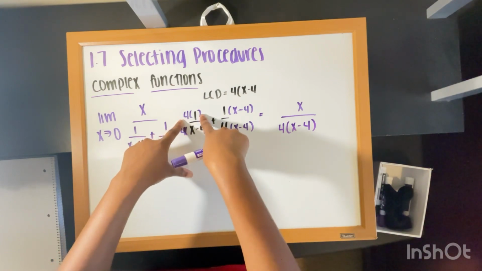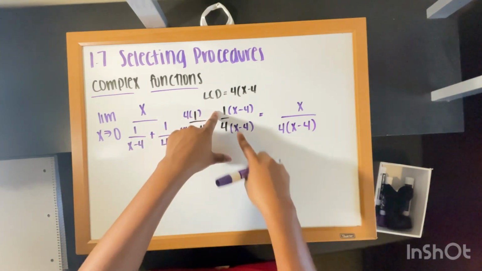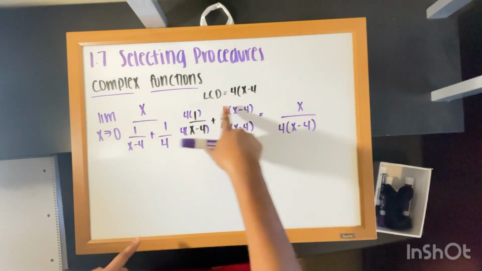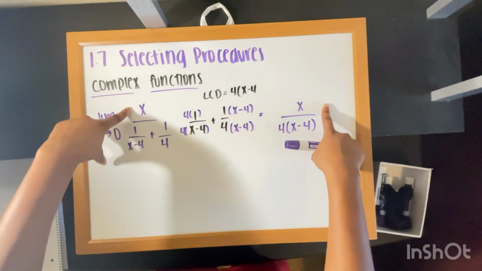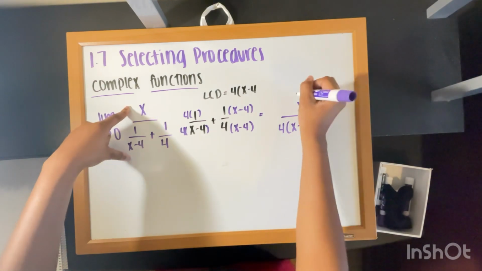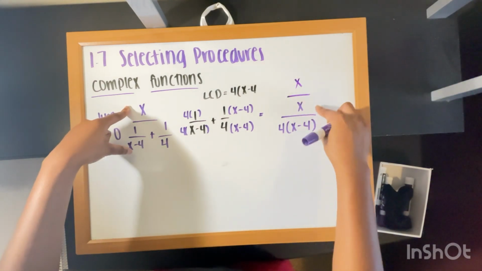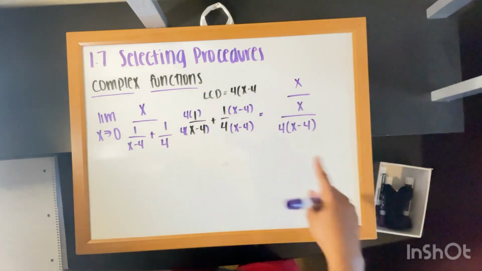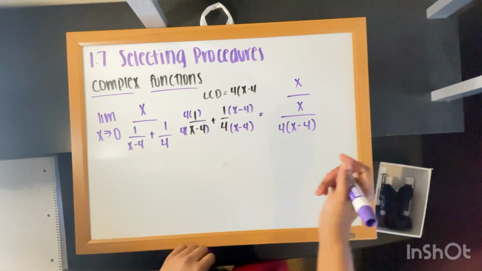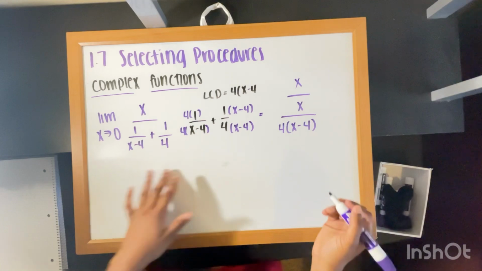I would have to multiply 4 times 1. That gives me 4 plus x minus 4. 4 minus 4 equals 0, which leaves me with an x at the top. But don't forget that you had a numerator already, so it would be x over 4 times x minus 4. This still is a very complex function, so you want to break it apart again.